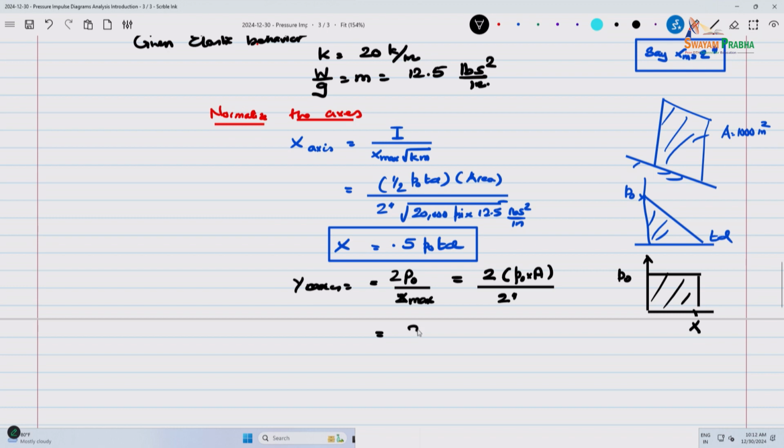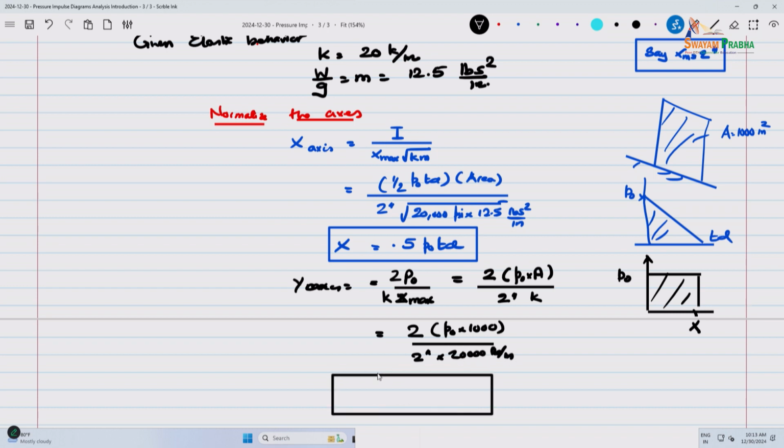So this is 2 times P naught multiplied by 1000 divided by x max K, sorry, so 2 inches multiplied by 20,000 pounds per inch. So this gives y equal to 0.05 P naught.